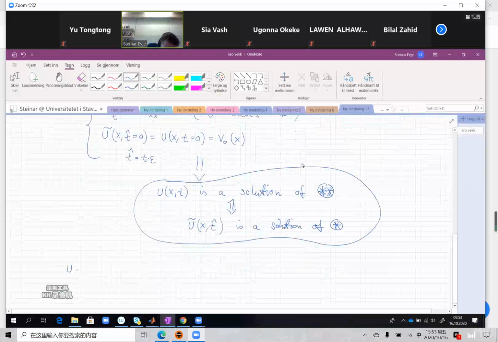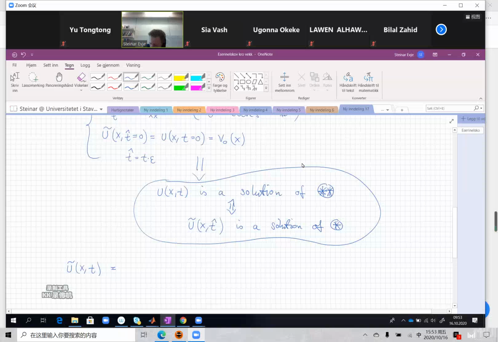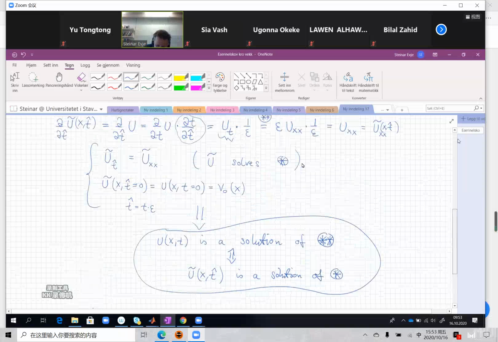And then we clearly have that we know u tilde of x, t hat, we know the solution of star, namely this one.